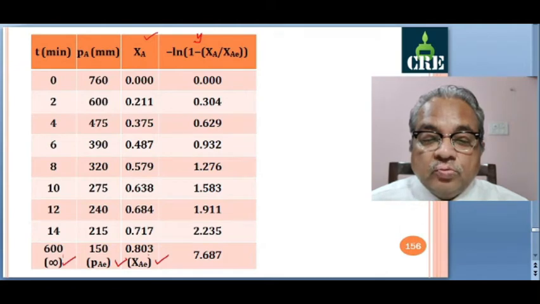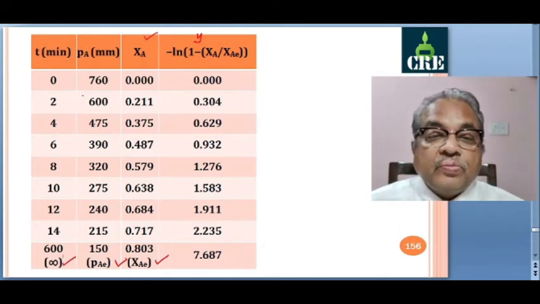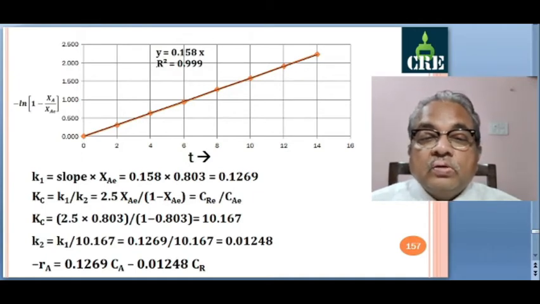The XAE value is known, that is 0.803. So this is y and time on the x-axis. When we plot this as a function of time, we get a straight line passing through the origin.